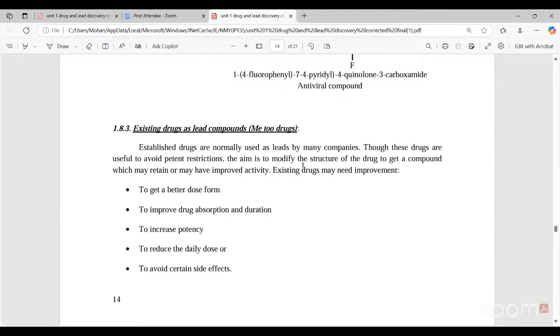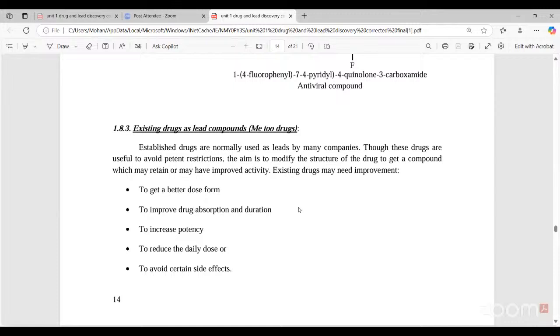Existing drugs may need improvement to get a better dose form, to improve the drug absorption duration, to increase the potency, to reduce the daily dose, and to avoid certain side effects. So these are the requirements. These are the aim targets for lead modifications.